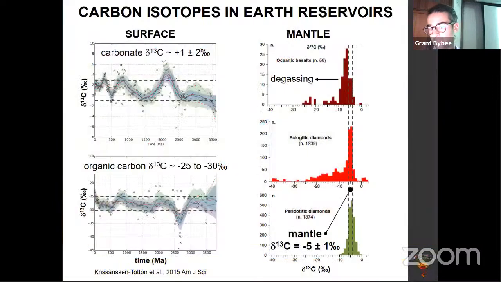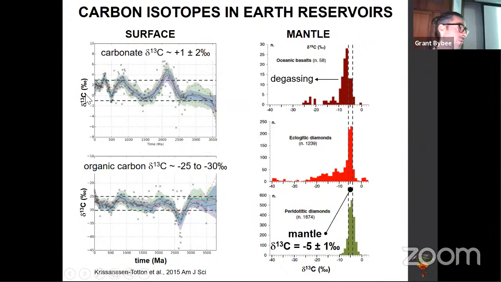An easy way to track carbon through the Earth is by using carbon isotopes, and the reason is simple. There are vast differences in carbon isotopic compositions between carbon that we find at the surface and carbon in the mantle. At the surface, carbon occurs in two forms: carbonates, with a delta-13C isotopic composition of around 0.